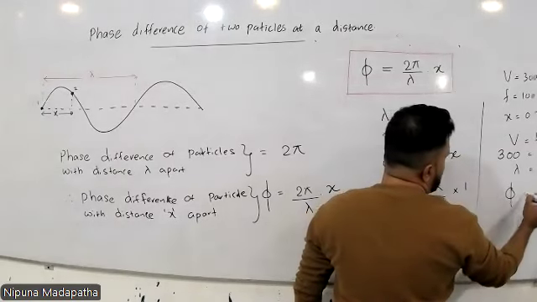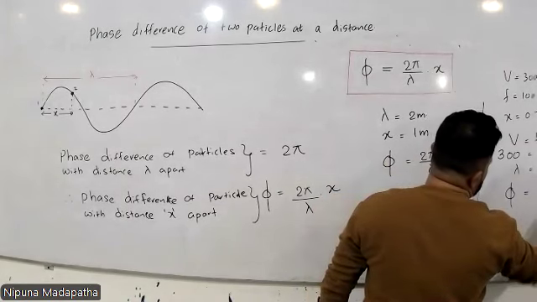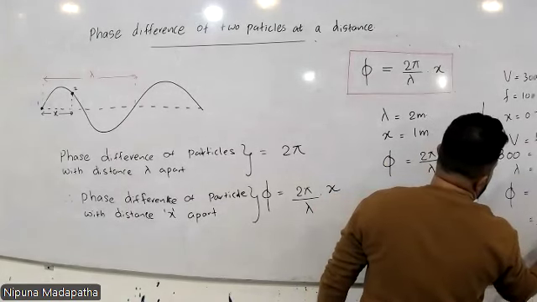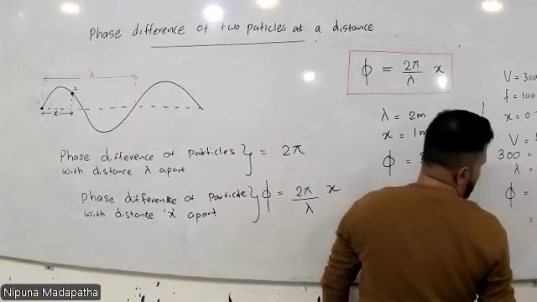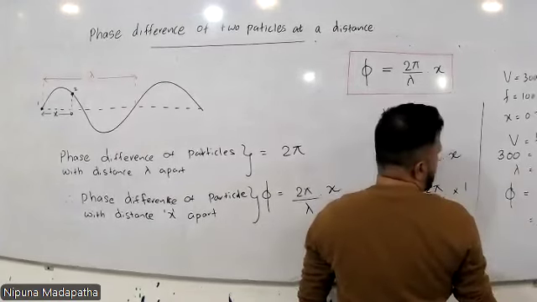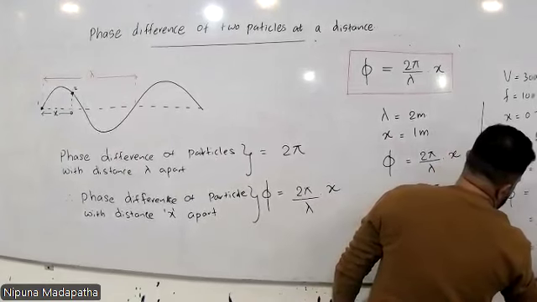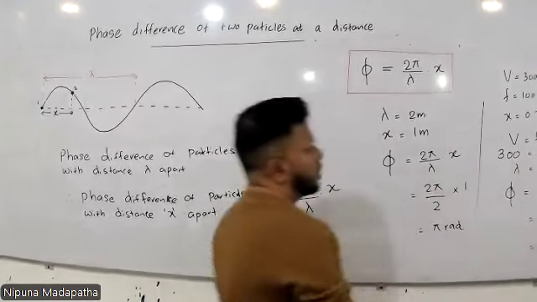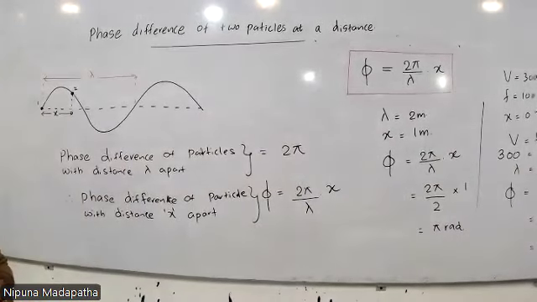Then the phase difference is 2π over lambda times x, with lambda 3 and x 0.75. So the answer is π over 2 radians. That's how we get it.